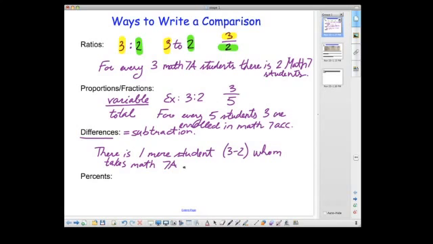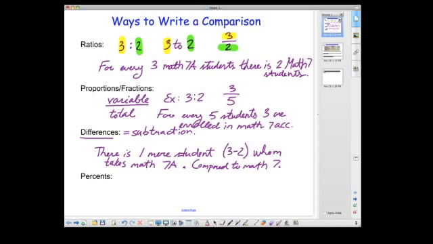And you can say compared to Math 7 if you choose. That might help complete the statement. So there's 1 more student, right? If there's 3 who take accelerated and there's 2 who take regular Math 7, there's 1 more who will take the accelerated class. It's the difference. You find it by subtraction.